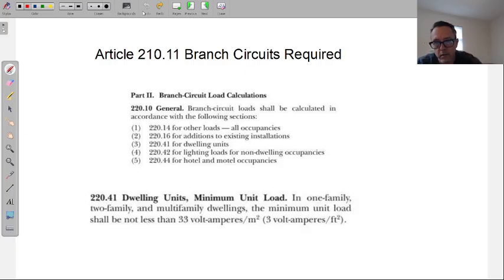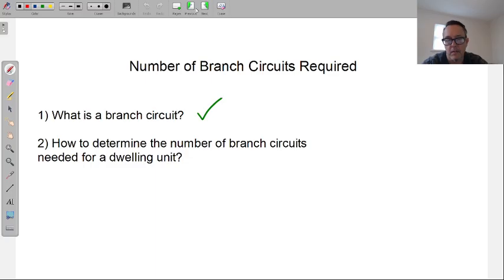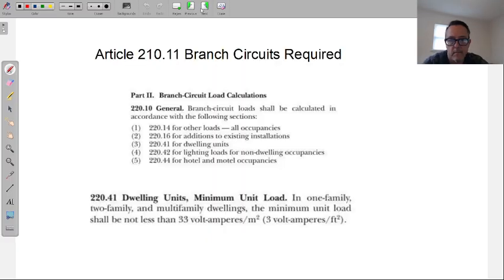But the reason why all of those are included there is because all of those are the knowns about the buildings, or the things that are going to go into the house, as I was describing here, the water heaters, the ranges, etc. So it says branch circuit loads shall be calculated in accordance with a bunch of articles. 22014 for other loads, all occupancies, kind of vague.